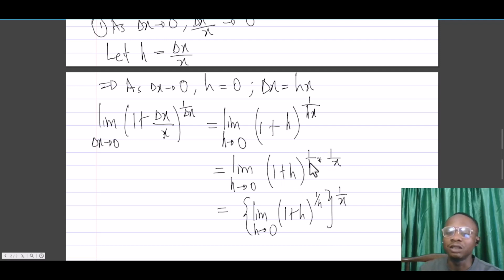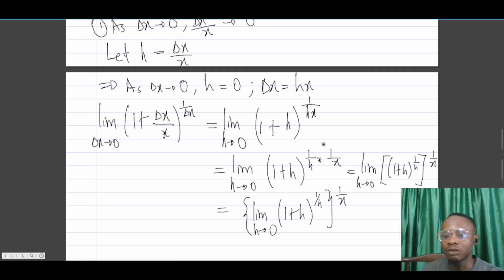Now we have taken the limit of what we have here, because this expression can be written as, let me put an intermediate step here, the limit as h approaches 0 of (1 plus h) to the power of 1 over h, then everything here to the power of 1 over x.